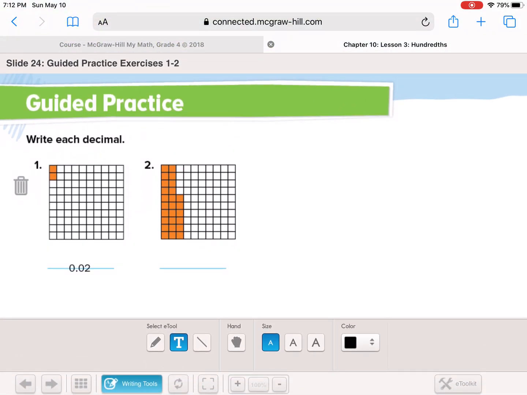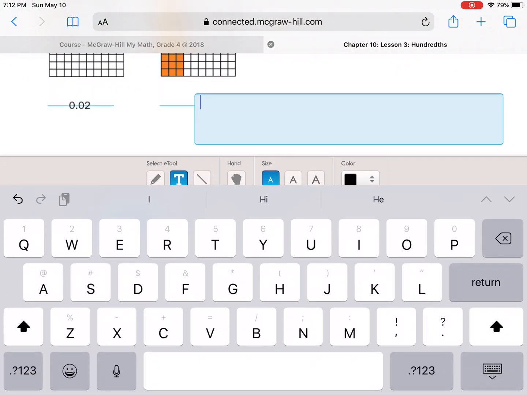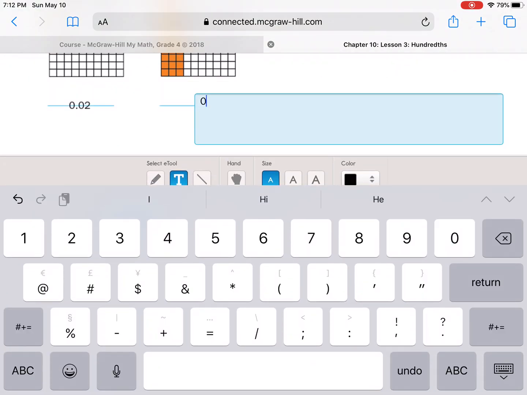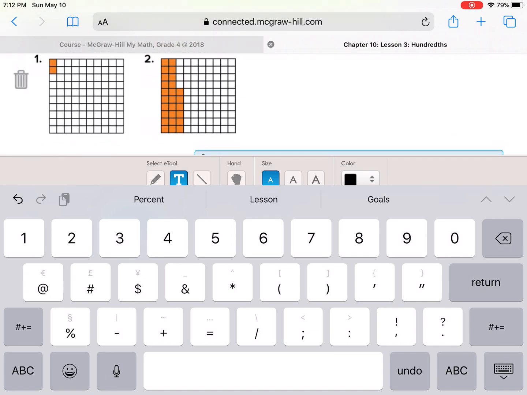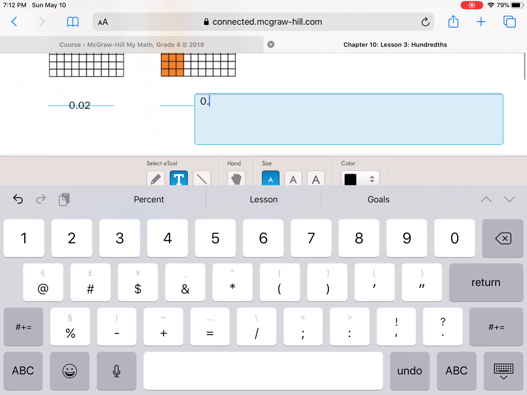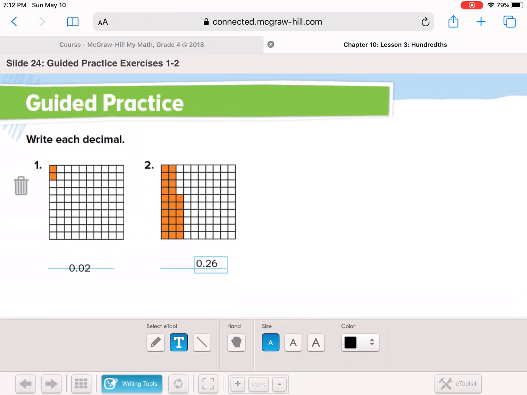And this one, we have tenths because we have 2 rows shaded in, 2 longs. So it would be 0.26. Okay.